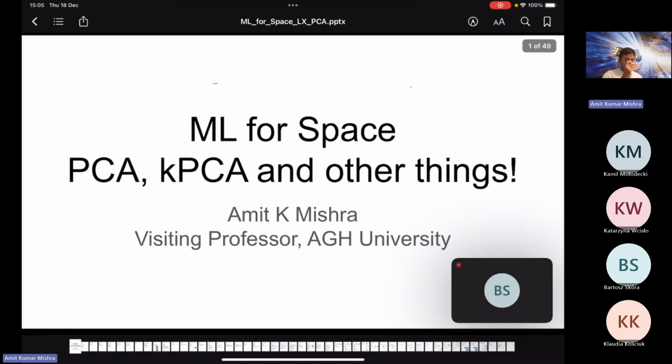So today I plan to go through a couple of things. They are kind of interconnected to each other, and that's why I have put them all together in one place. We'll start with what is called principal component analysis. Then we'll move to kernel principal component analysis and some other visualization tools. Then once we have got an intuitive understanding of PCA, that kind of leads a way to encoder decoder architecture in machine learning.